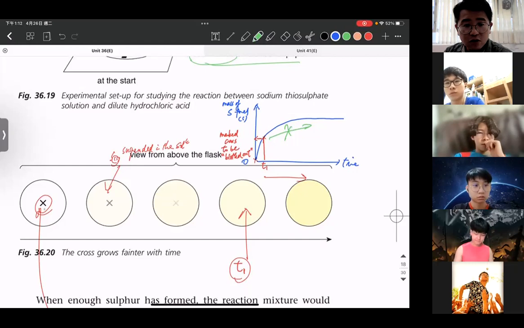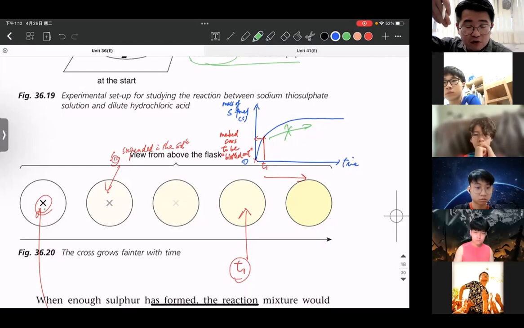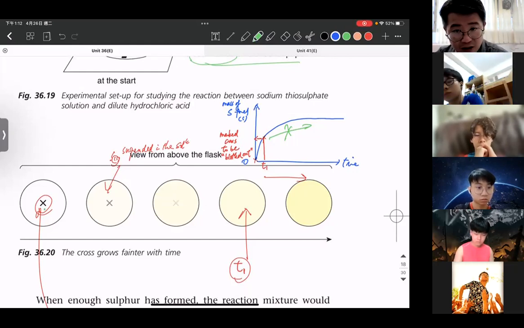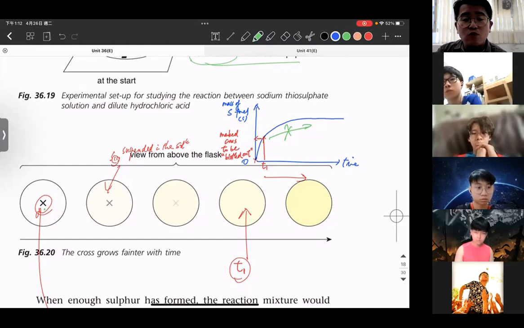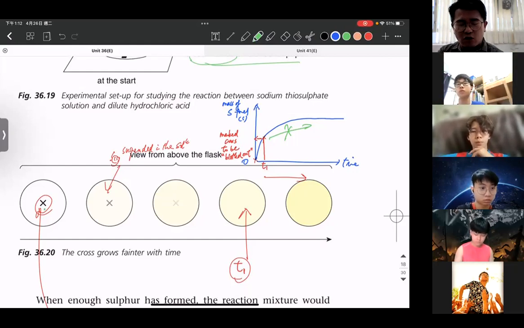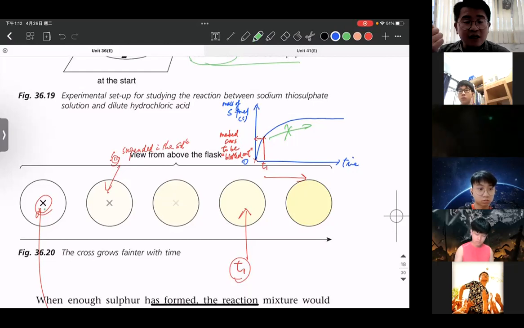By comparing the color contrast between black and white, that type of judgment is more easily seen, instead of telling you how yellow the color is. How yellow is quite difficult to judge, right? But you can measure the time for the moment when the black cross is totally covered by the sulfur, which is more easily seen. I designed it this way.